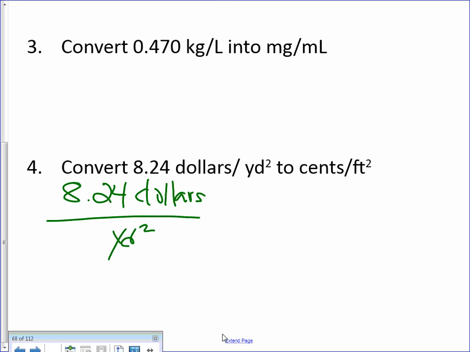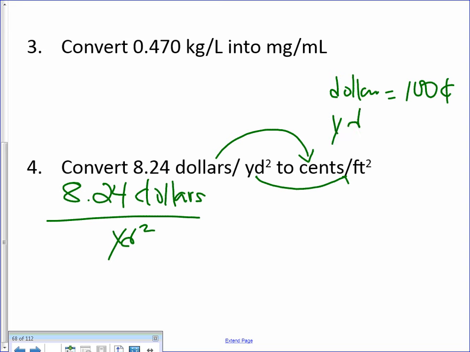Like if you're making a pretty dress, you buy it by the square yard. I see 2 changes happening: dollars to cents, and then yard squared to feet squared. I know the conversion from dollars to cents, right? A dollar is 100 cents. What is yards to feet?